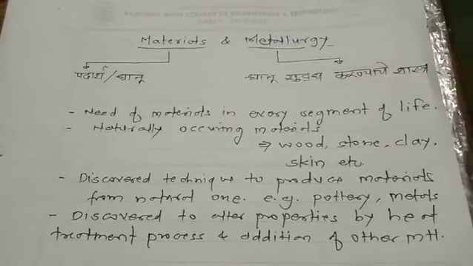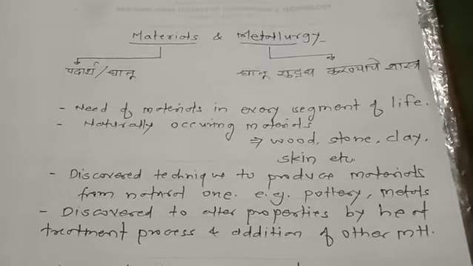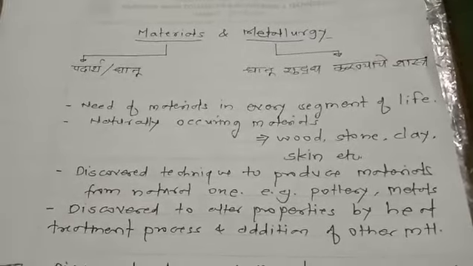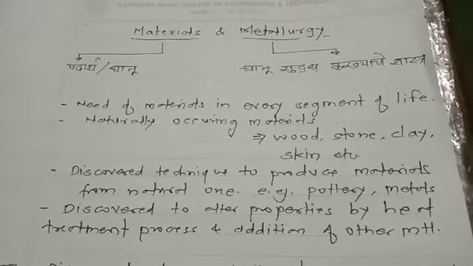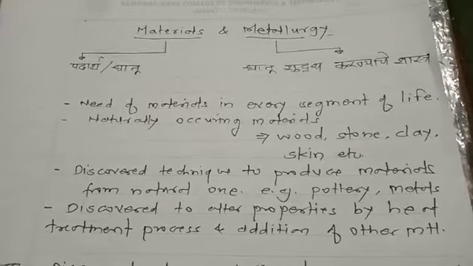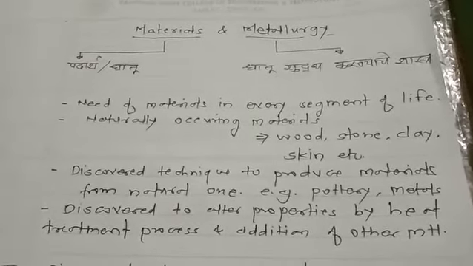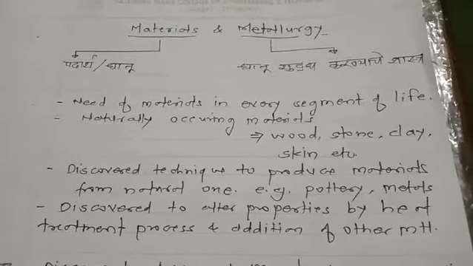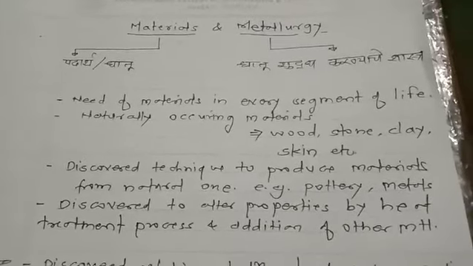If you go through the dictionary, you'll get the meaning of metallurgy: the scientific way of studying a particular material, or in Marathi, dhatu shuddha karnache shastra. It means you can improve the properties of the material in different ways. That is nothing but metallurgy, right?